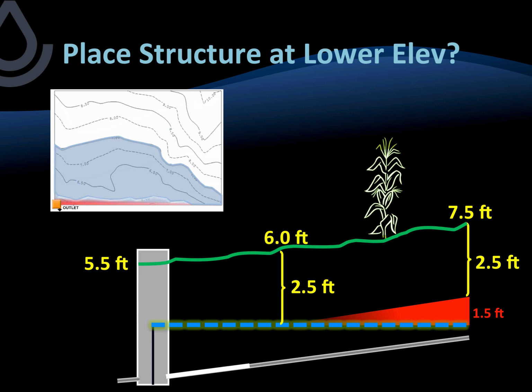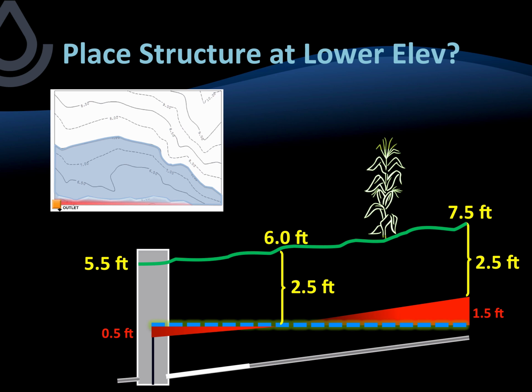So as we go from the structure up to 6 feet, our water table depth is actually shallower than our target. Okay, shallower than our target. So we're managing around 6 feet, but the field is only at 5.5 feet down there. So as I get closer and closer to the structure, I'm shallower and shallower, or further and further off of my target depth. Too shallow instead of too deep.